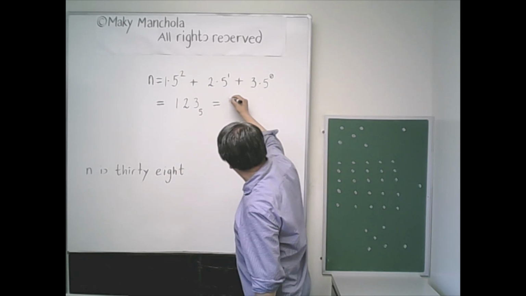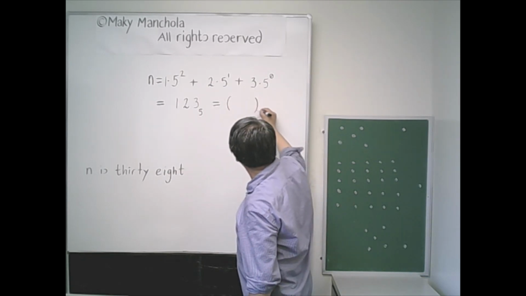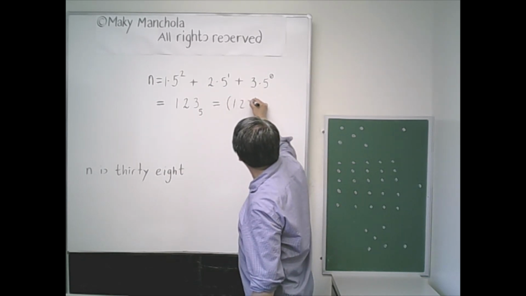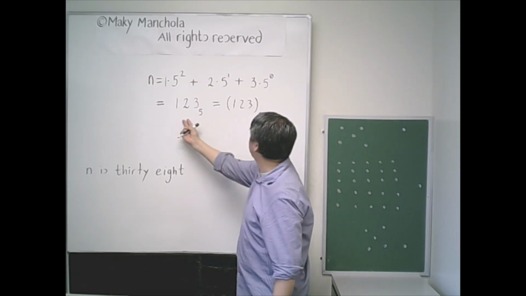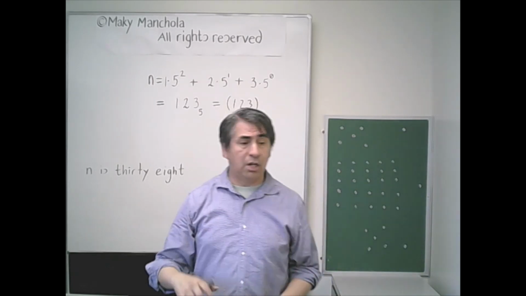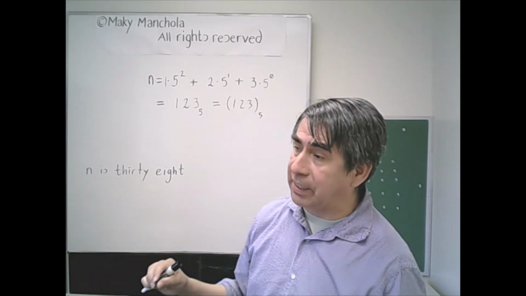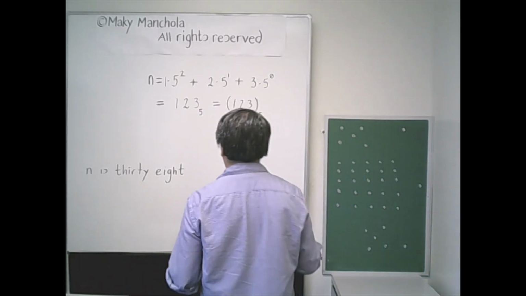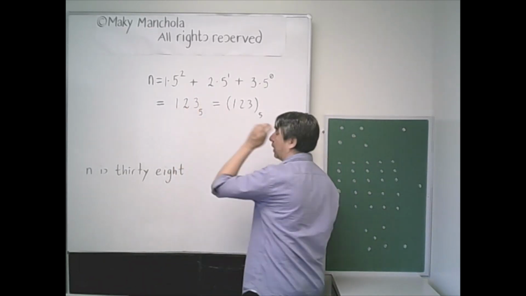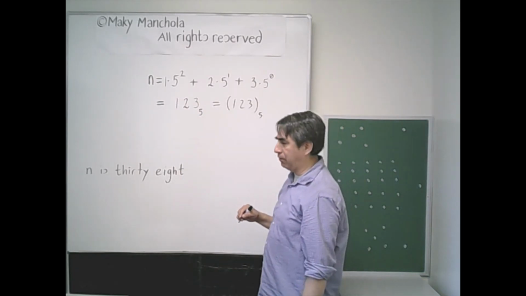I could also write this number with parentheses and subscript. Both of these are acceptable manners of writing our number 38 in base 5.